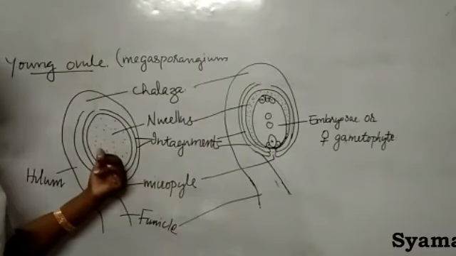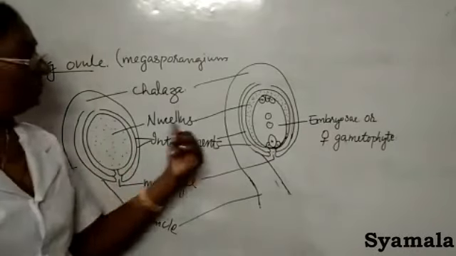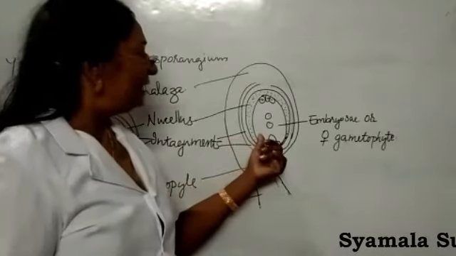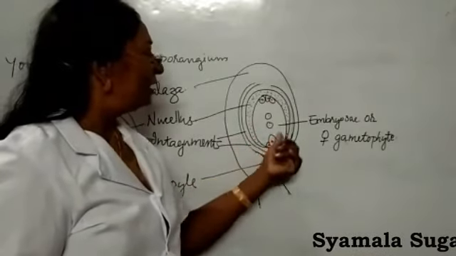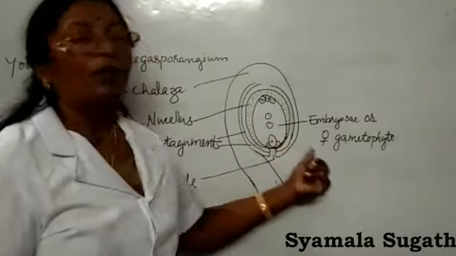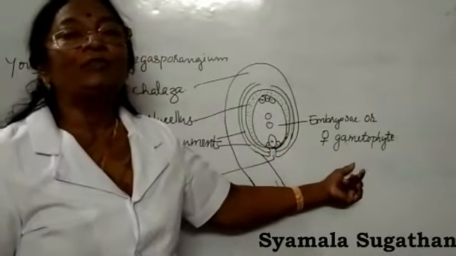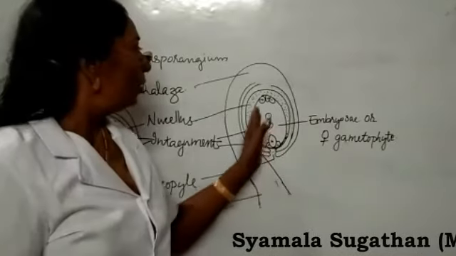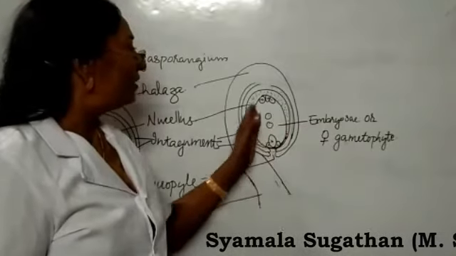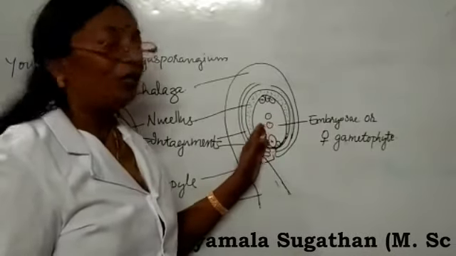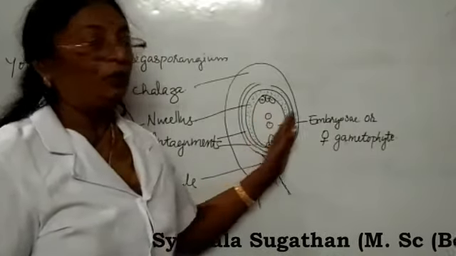And when the ovule matures, we can see within the nucellus an embryo sac or female gametophyte is formed. Later on we have to study the development of gametophyte.